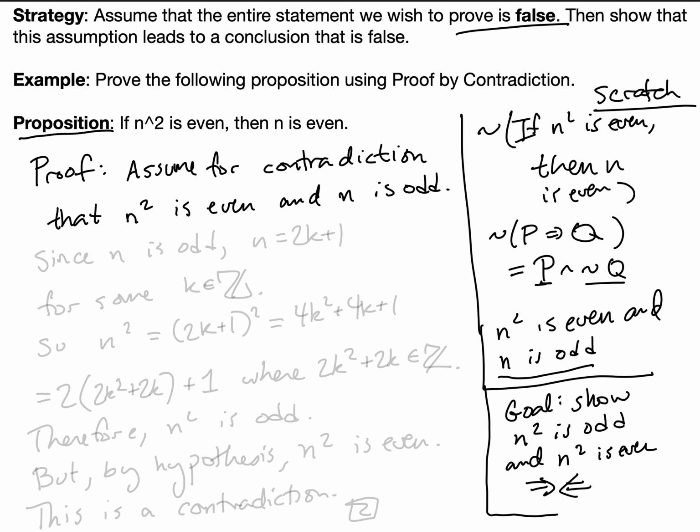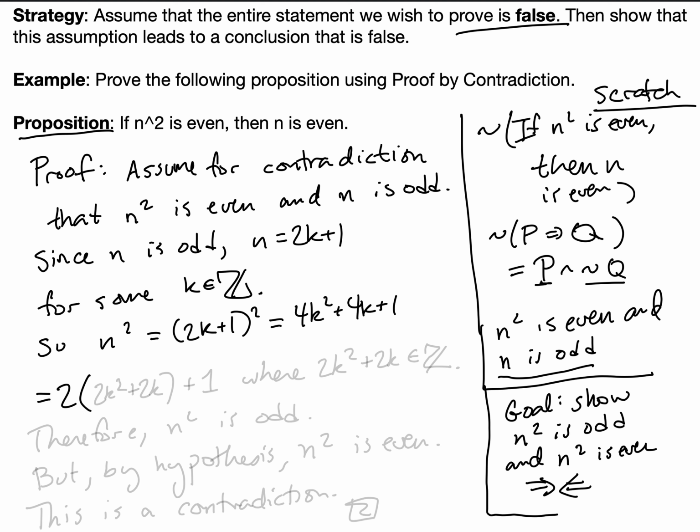Well, n is odd, so since n is odd, n is equal to 2k plus 1 for some k in the integers. So n squared is equal to (2k plus 1) squared, which is 4k squared plus 4k plus 1 when we multiply out. Can we show that that's an odd integer? Yes, that is equal to 2 times (2k squared plus 2k) plus 1.